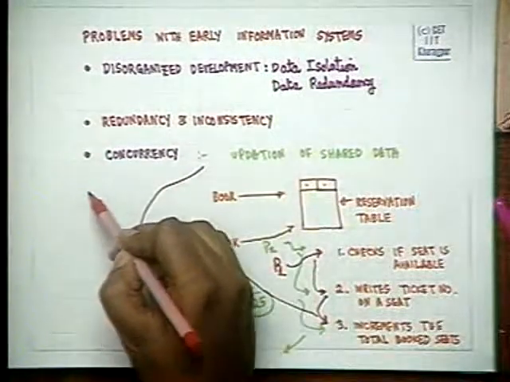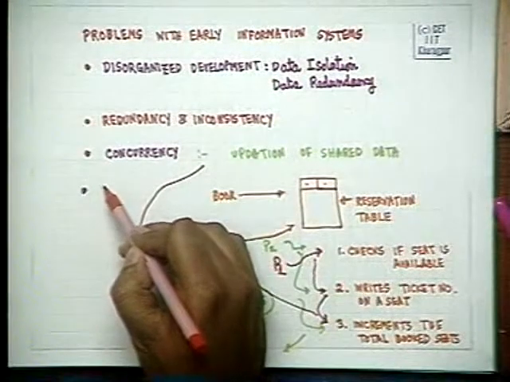Operating system provides you facilities to tackle this problem on the memory, because operating system does all the sharing on the memory. But for database systems, this sharing has to be done in the secondary storage or on the disk. So that is another major problem. A fourth major problem which came up was security.